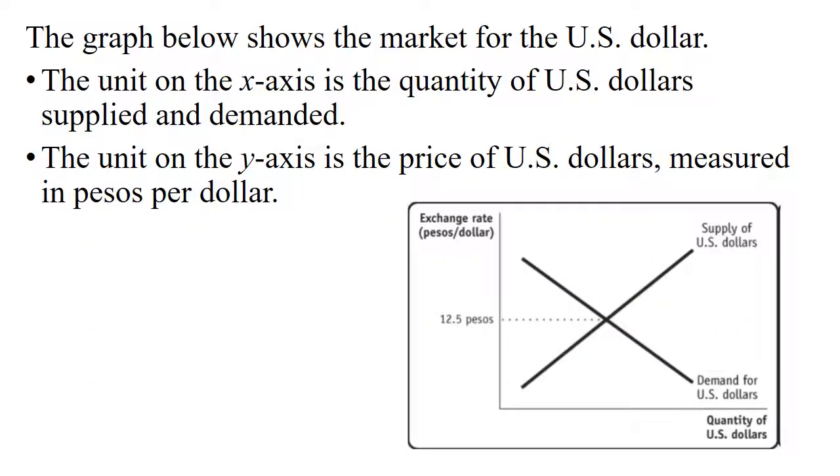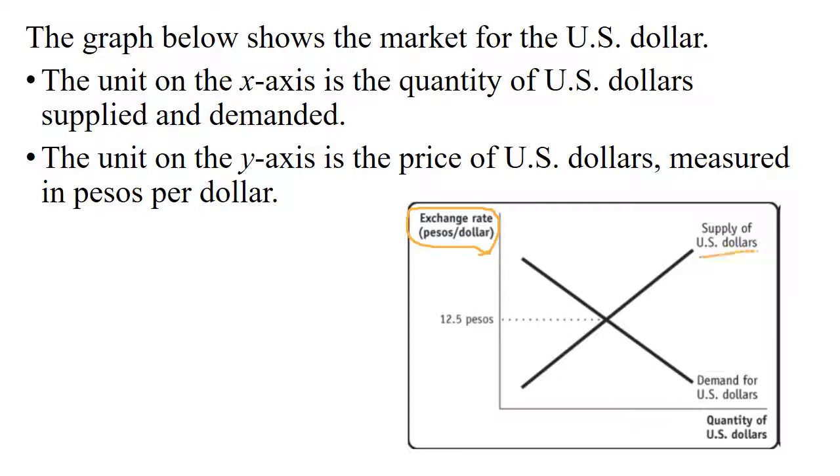When you're drawing and labeling Forex models, there will always be two different currencies on the model. So you can see here where it says exchange rate, we have pesos per dollar. Now the question is, is this a drawing for pesos or is it a drawing for dollars? You look at the supply and demand axes.